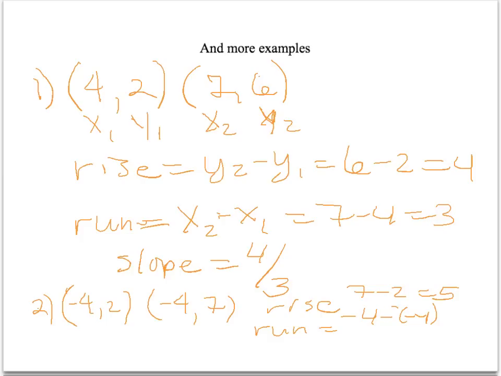Remember, that's just like adding, so I have -4 plus 4, and that's 0. My slope is rise over run, so I have my rise is 5, my run is 0. I can't divide by 0, so this is undefined.